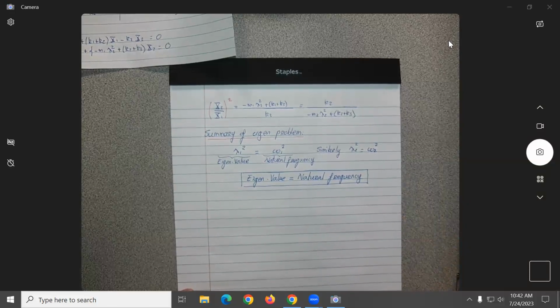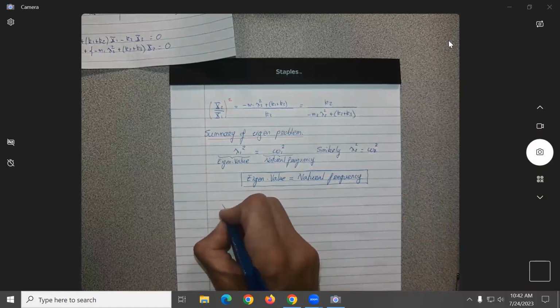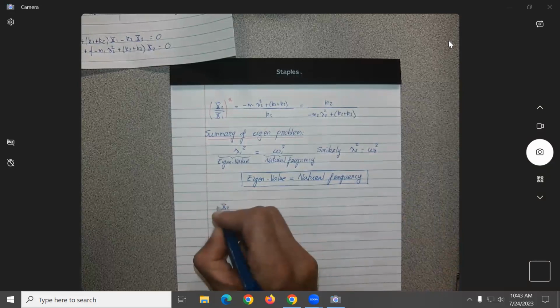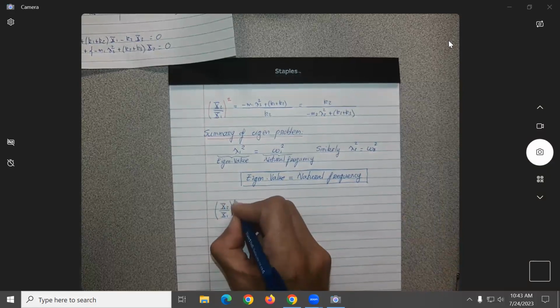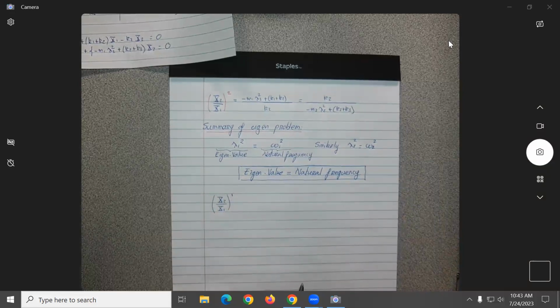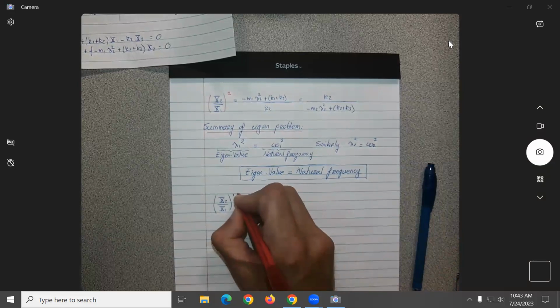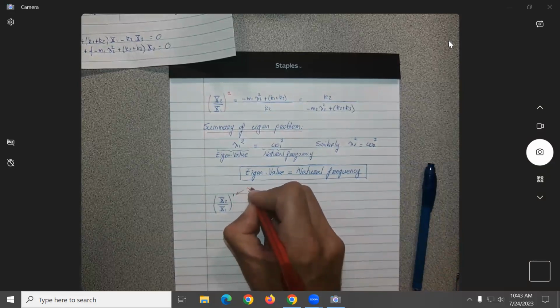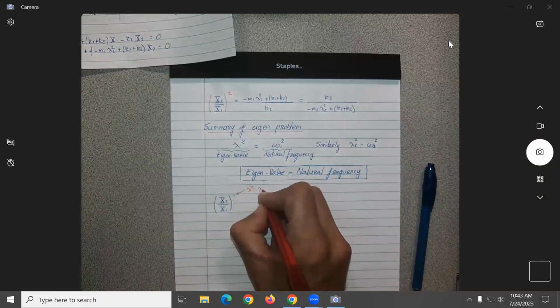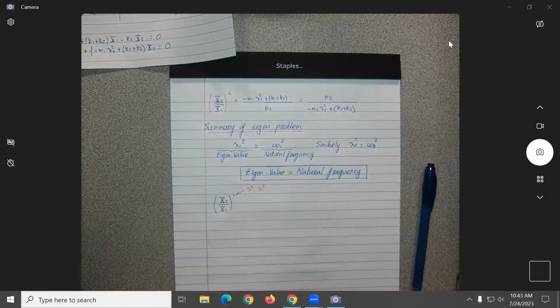Okay. Now the other thing we did is we did x2 over x1. We put a 1 over here, no? Yeah. So remember, this is for lambda square equal to lambda 1 square, no? Okay.